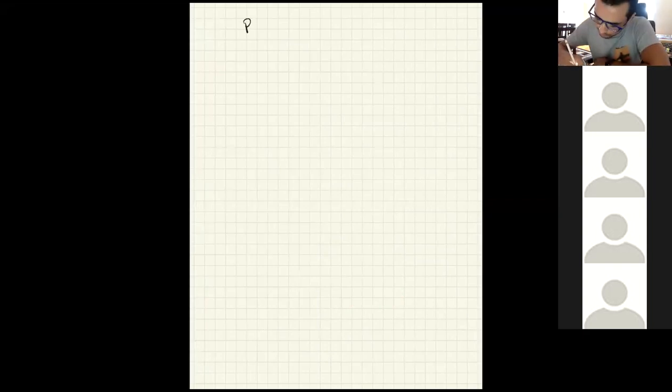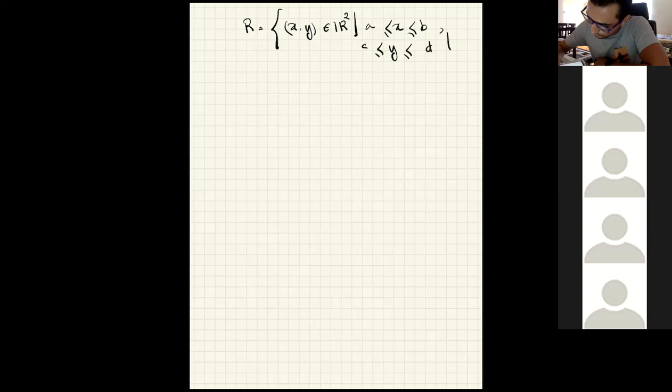The rectangle in 2 dimensional case is all the points in R² such that x is between a and b and y is between c and d. These are rectangles.